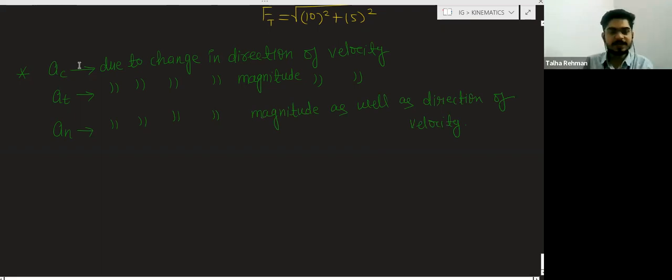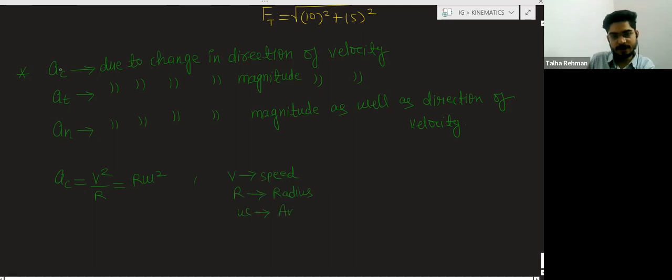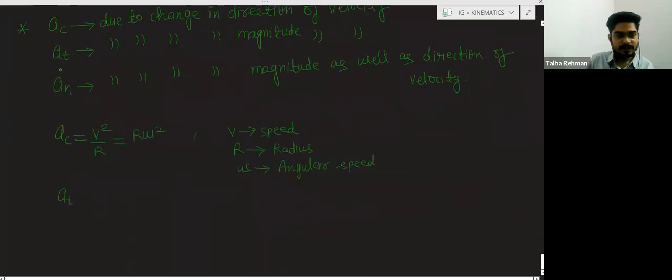And this centripetal acceleration is given by v square by r, and this can also be written as r omega square. What is v? V is speed. What is r? R is the radius of the circle. What is omega? Omega is angular speed. And tangential acceleration is given by dv by dt.